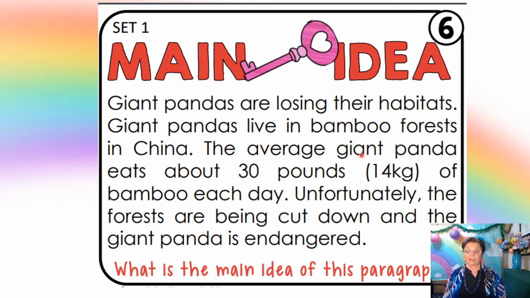The average giant panda eats about 30 pounds or 14 kilograms of bamboo each day. Unfortunately, the forests are being cut down and the giant panda is endangered. What is the main idea of this paragraph?